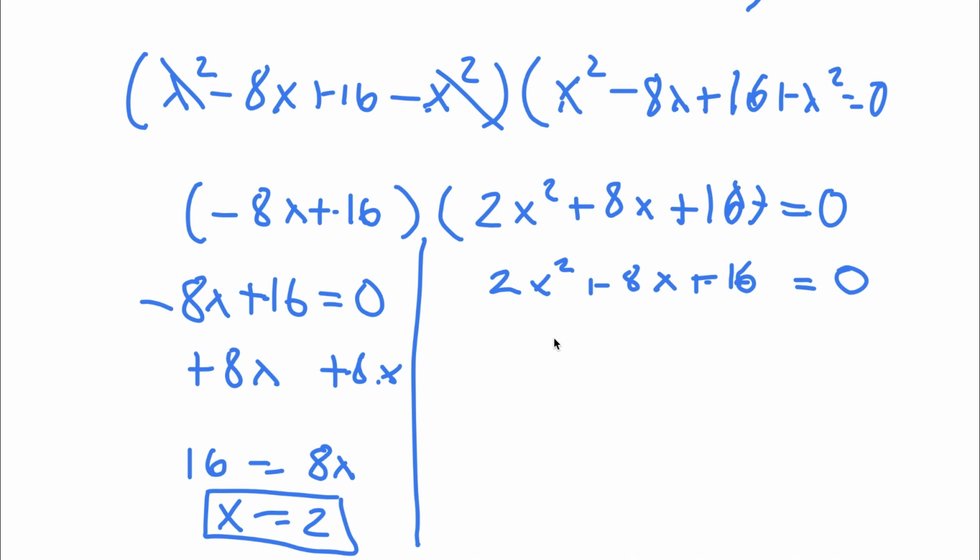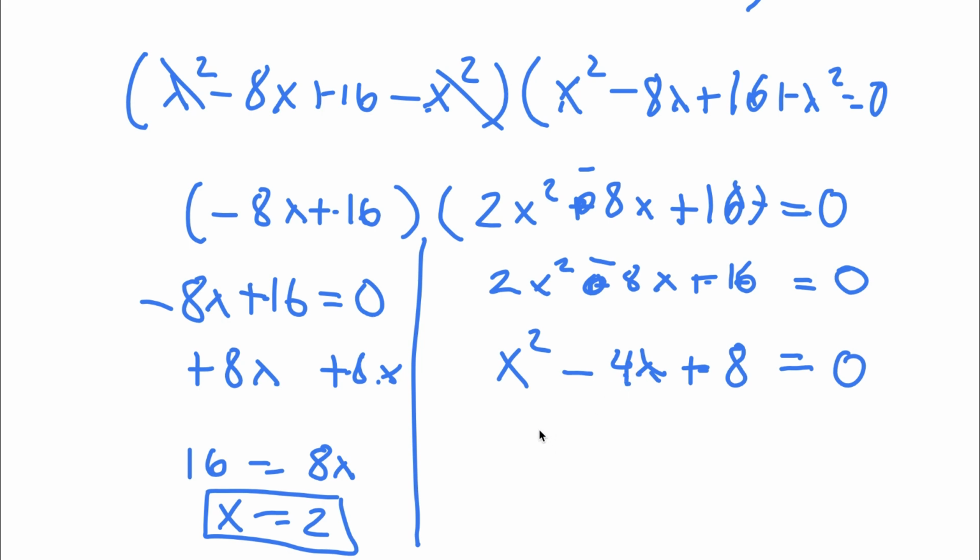And now for 2x squared minus 8x, sorry, this is actually a minus. 2x squared minus 8x plus 16 equals 0. First factor out 2, so I get x squared minus 4x plus 8 is equal to 0.